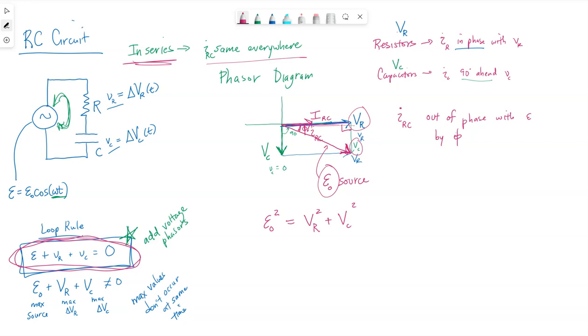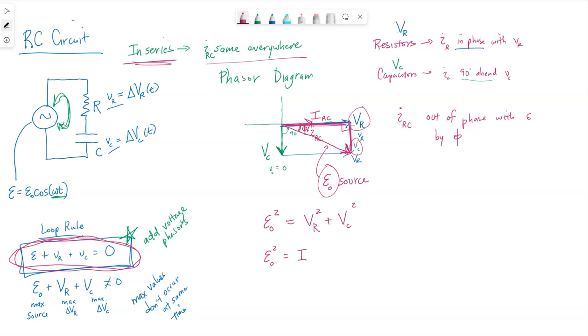My triangle is right here that I'm looking at the moment. I'm choosing that one because I drew my phi in that triangle. So to talk about phi, I'm just going to use this triangle. All right, so this source voltage squared is going to equal, well, we know the capital V, if we look at the equation specific to the resistor.